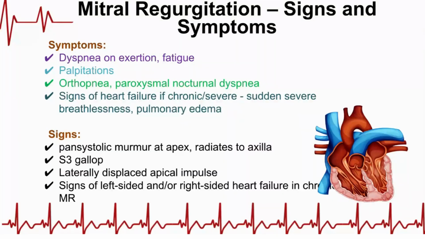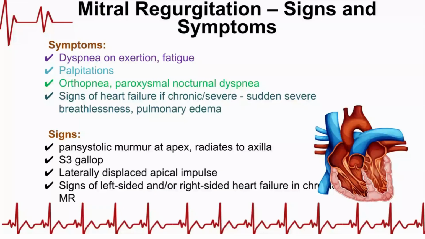The other thing here is orthopnea and paroxysmal nocturnal dyspnea. So orthopnea is basically shortness of breath when you lie down. How does that happen? That happens because when you lie down, gravity redistributes blood to the lower extremities and the splanchnic veins, and this increases the venous return back to the heart.